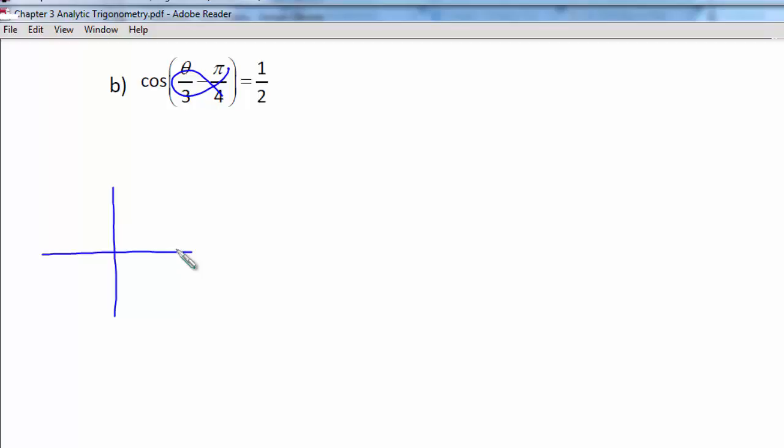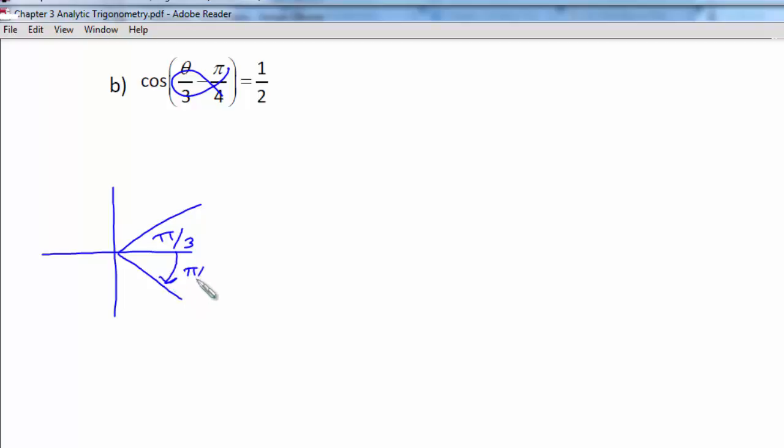Where? 60 degrees, so that's pi over 3, right? And where else? Which other quadrant do we need to look in? Fourth quadrant, and it's going to have a reference of pi over 3.